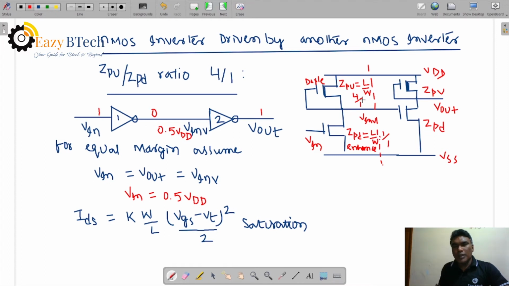So 4 is a 5 micrometer length and W is a 5 micrometer width for 1 by 1, so length and width should be 1 micrometer and 1 micrometer. The second inverter driven by this first inverter should maintain Z pull up 4 by 1 and Z pull down 1 by 1. So this is the derivation of the pull up pull down ratio of an inverter. Second inverter driven by first inverter: 4 by 1.